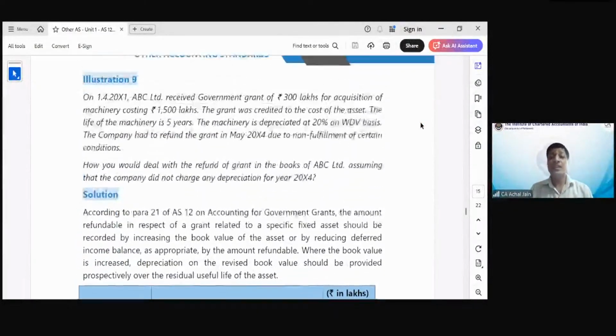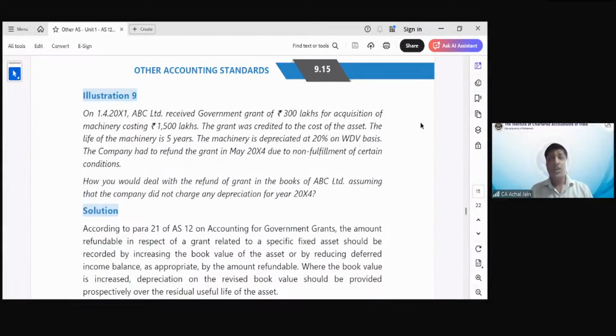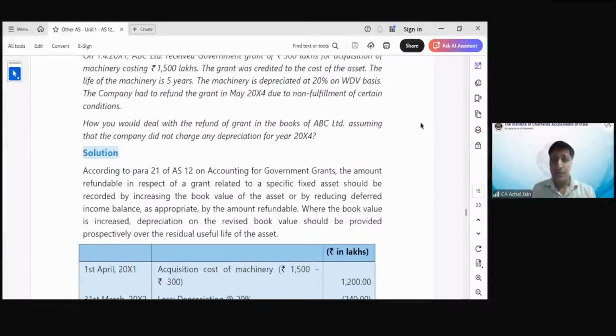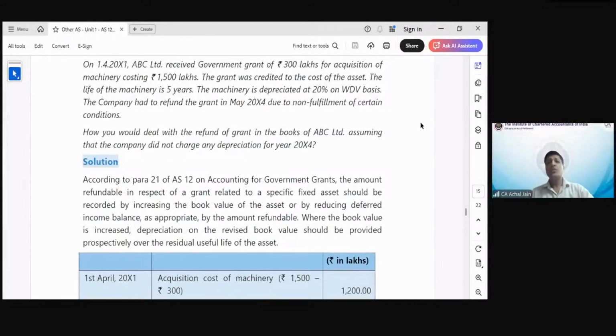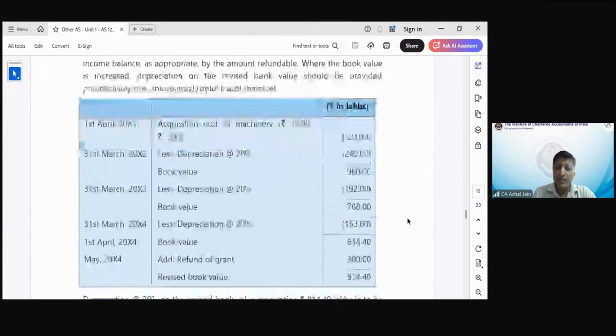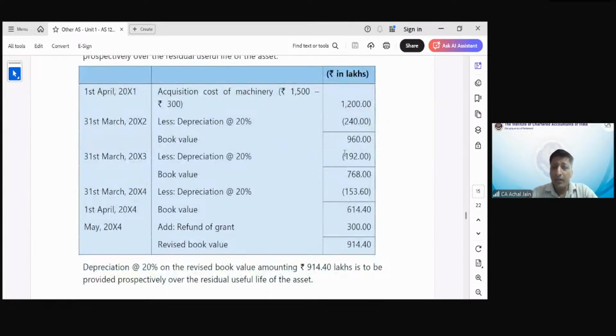So let's discuss how you will deal with this. When the grant is received, the company will reduce the value of the asset. So from 1500, you will deduct 300. So it will become 1200 lakhs. Correct? Now, this 1200 will be depreciated. So what do you have? 240. So at the end of first year, you have 960. 960 again you depreciate, you get 768.